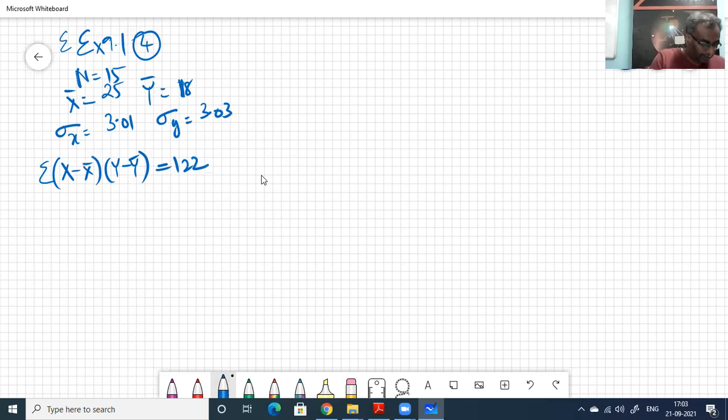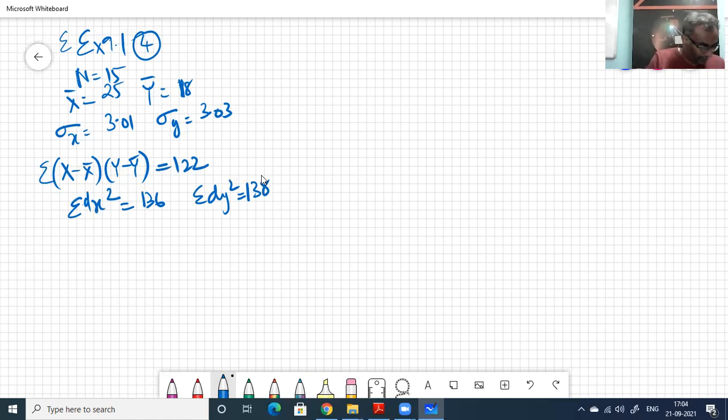Okay, then sum of squares of deviation from the arithmetic mean 136. Then sigma dy squared, that's given as 138. Okay, all this is given.